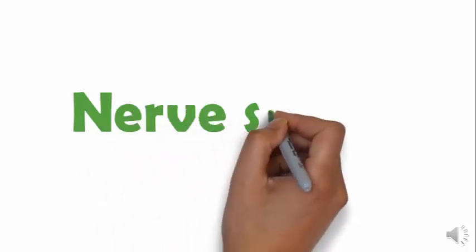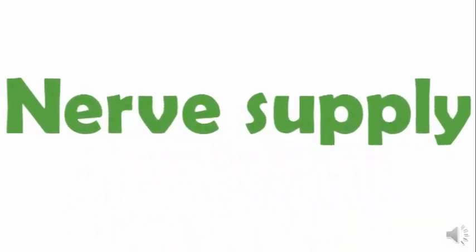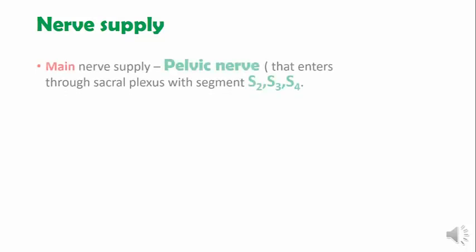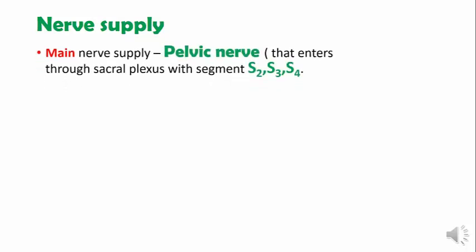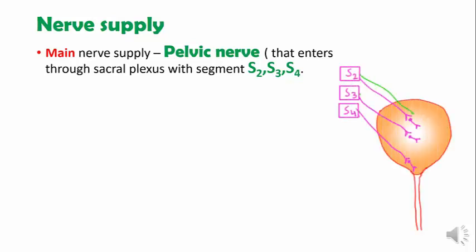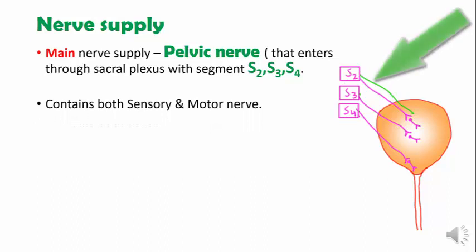Let's discuss the nerve supply of the bladder, which is a very important one. The main nerve supply of the bladder is by the pelvic nerve that enters the spinal cord through the sacral plexus, sacral segments 2, 3 and 4, and it has both sensory and motor nerves.